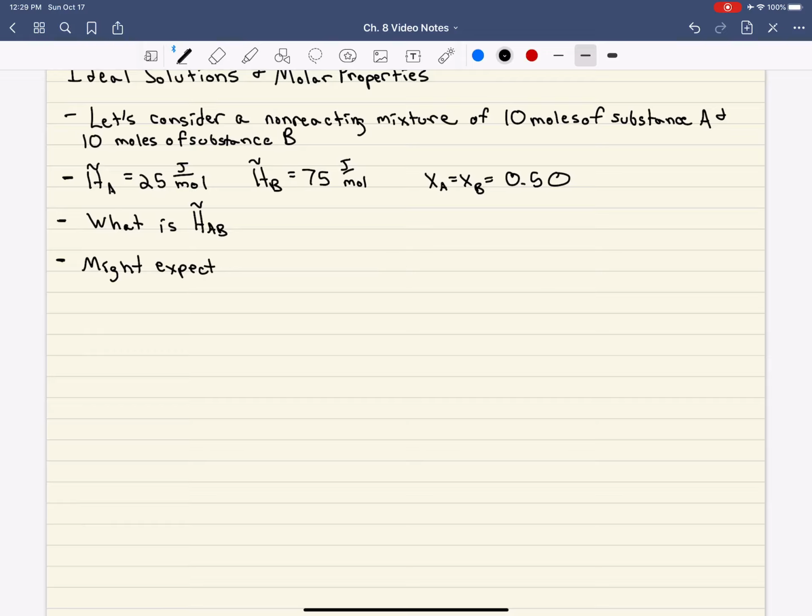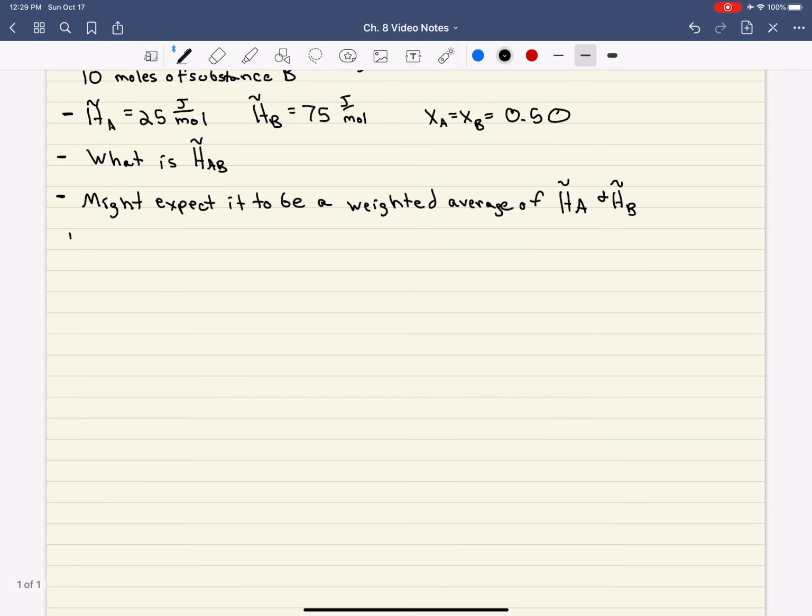So you might expect it to be a weighted average of HA and HB. Okay? Alright, and so mathematically that would look like this.